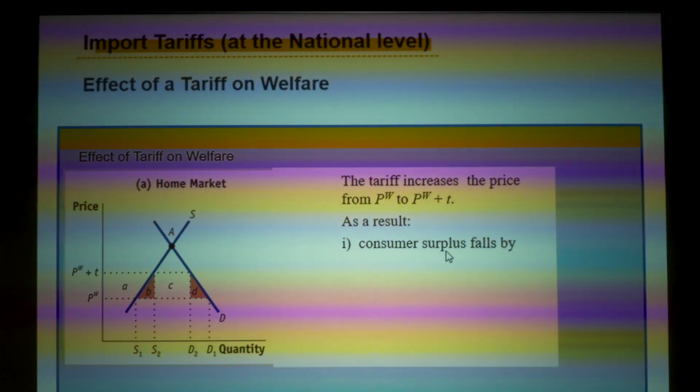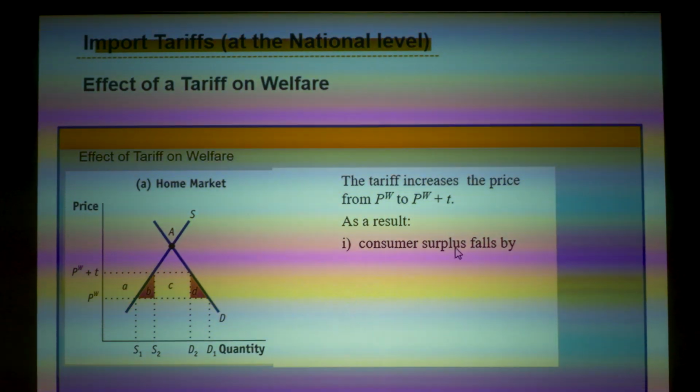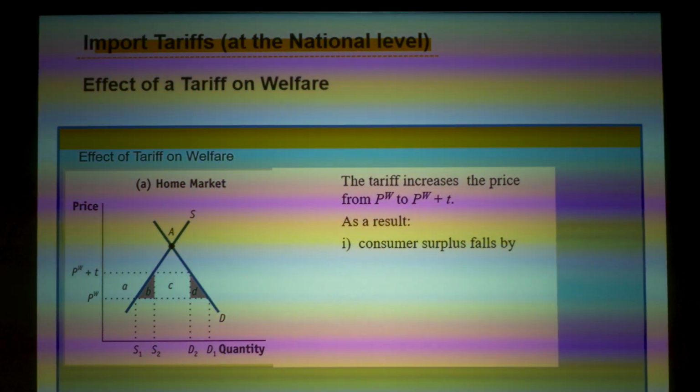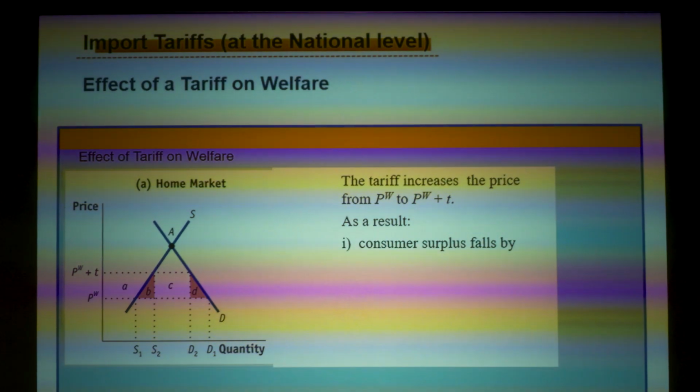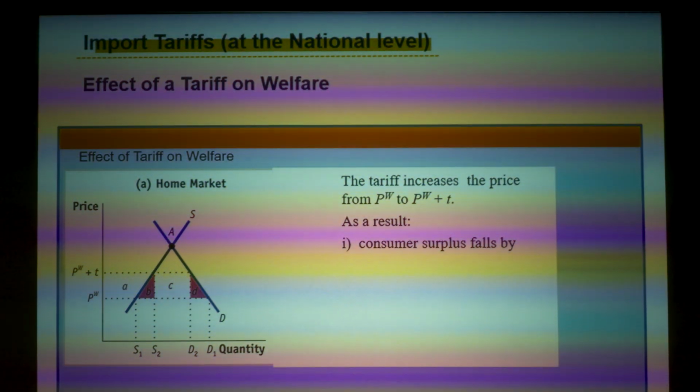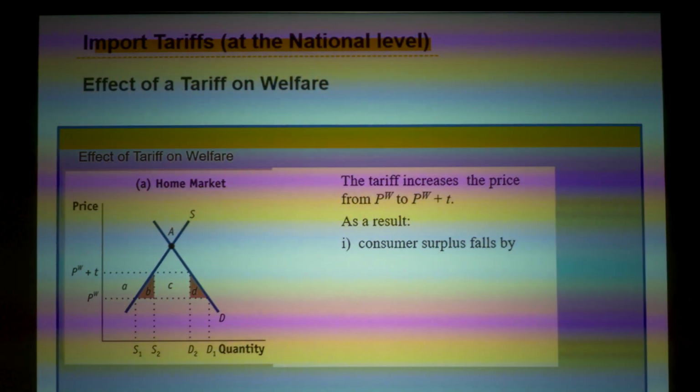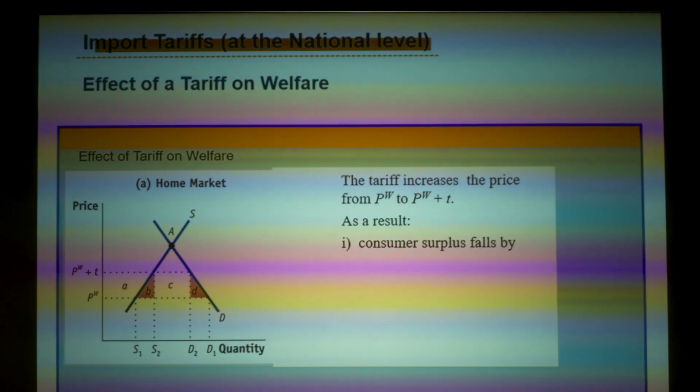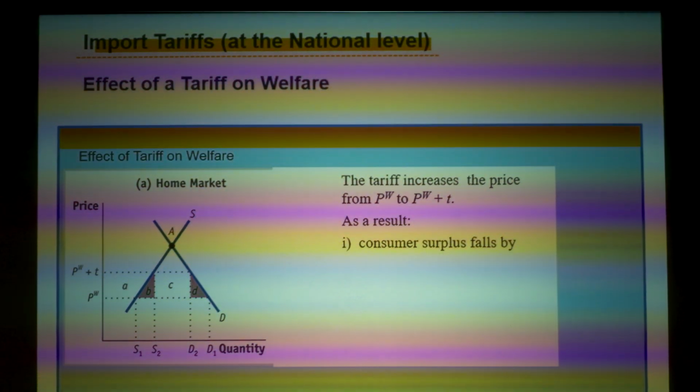For sure, consumer surplus falls. Right? Consumer surplus is the area below the demand curve and above the price, but the price has gone up. So what's the fall in consumer surplus?